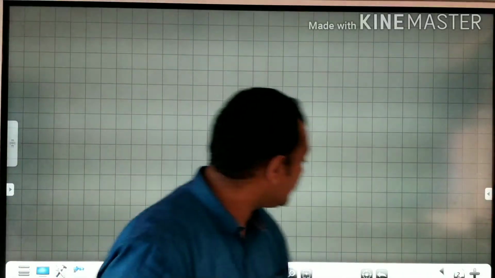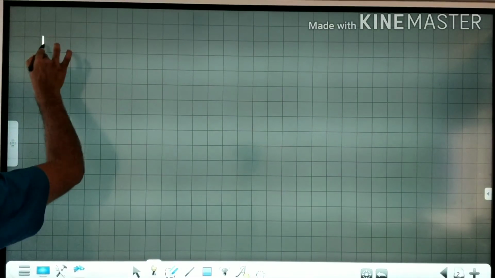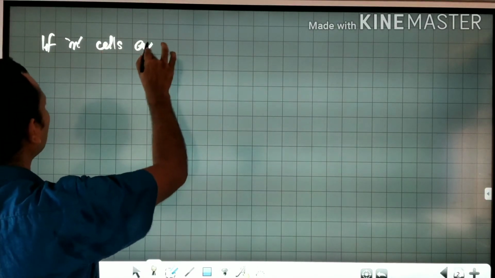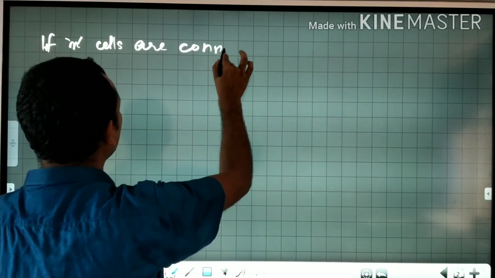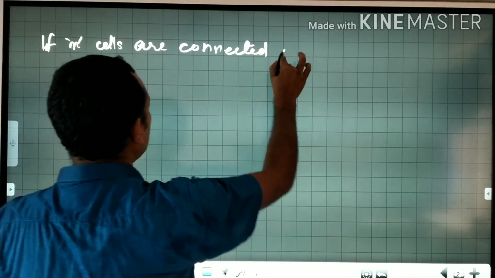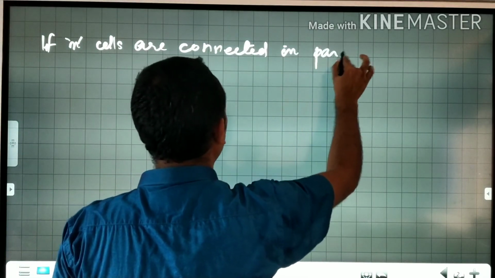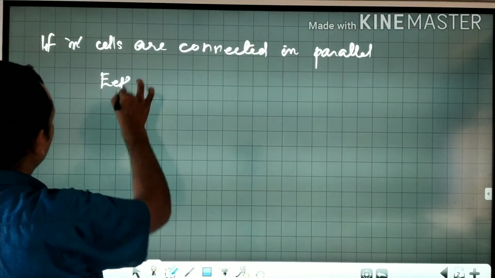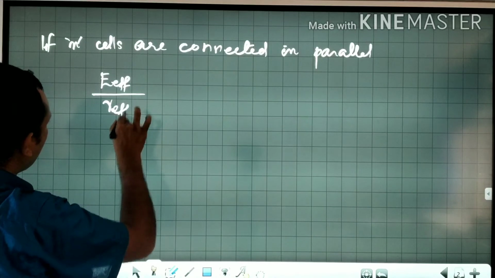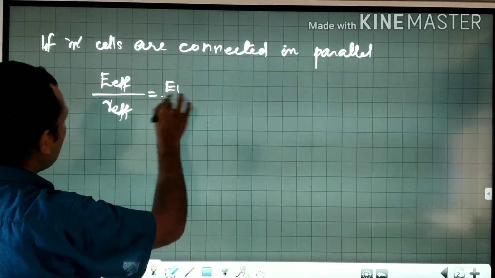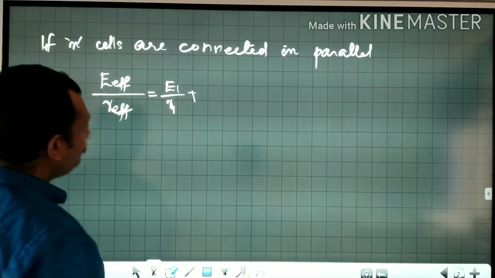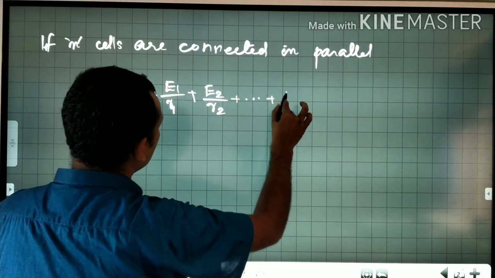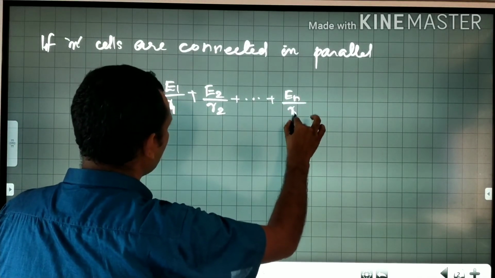Ready? So please understand the final answer. If n cells are connected in parallel, E effective divided by R effective is equal to E1 by R1 plus E2 by R2 plus etc. plus En divided by Rn.